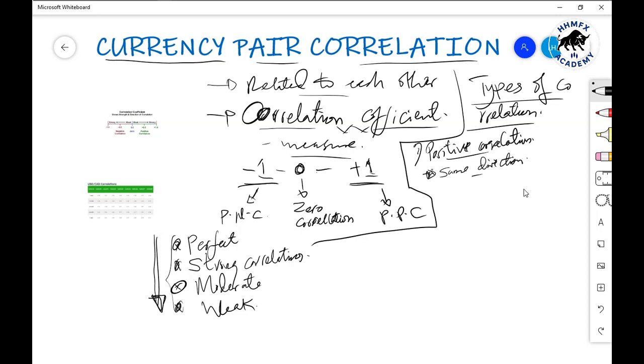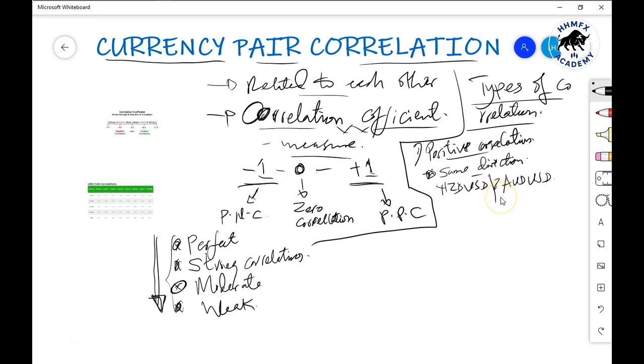We'll see examples based on the correlation coefficient. Common examples of currency pairs that show positive correlation include NZDUSD and AUDUSD.